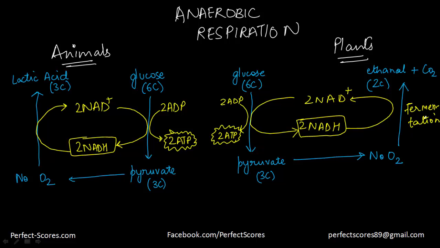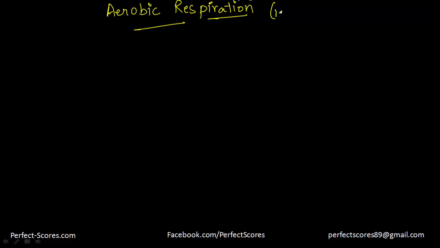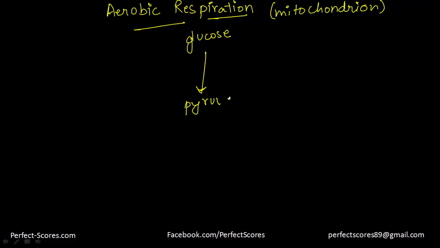Now coming over to what happens during aerobic respiration, we are going to do that in detail. Now aerobic respiration occurs in the presence of oxygen and it takes place in the mitochondria. So it starts with glucose, which is converted into pyruvate through the process of glycolysis, which occurs in the cytoplasm.